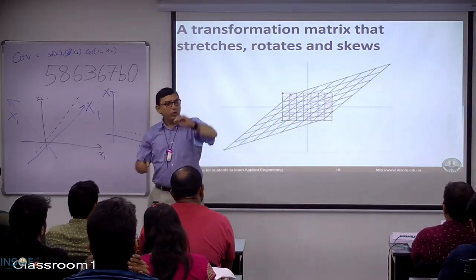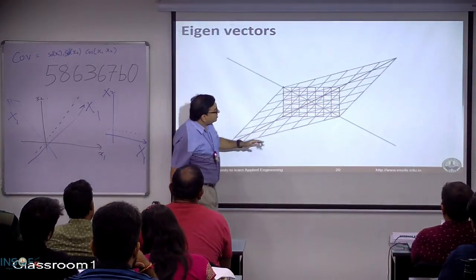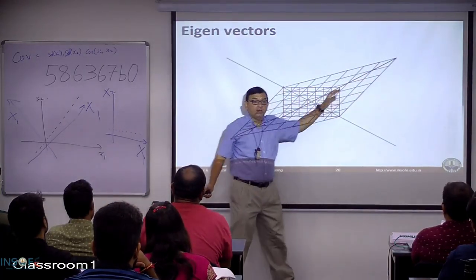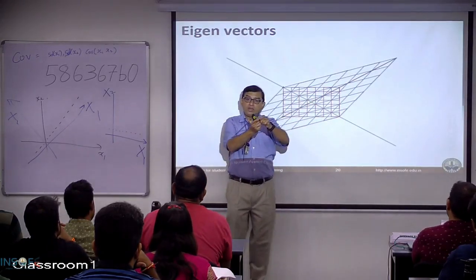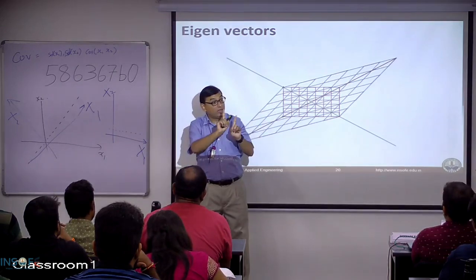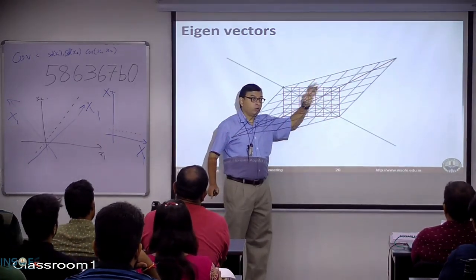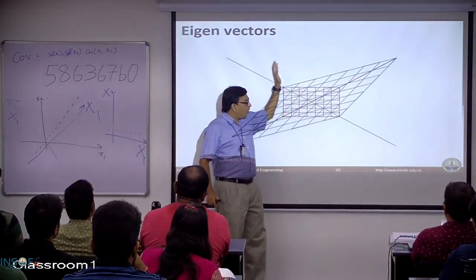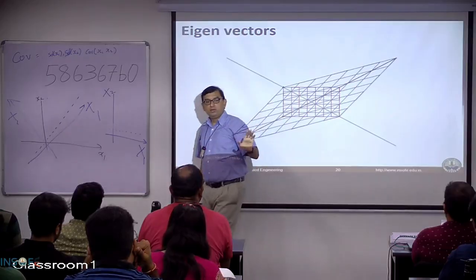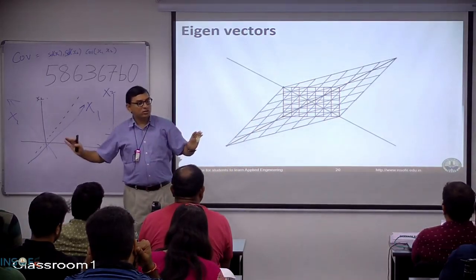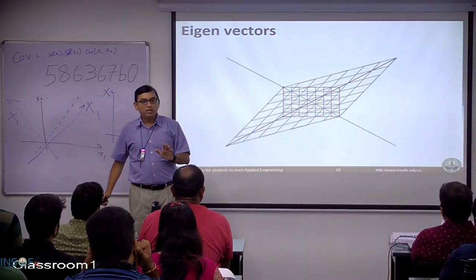Each point moves to a different location. However, there are some special directions. Points which lay on those special directions might have gotten stretched or compressed but did not get rotated. All other points would have gotten rotated and stretched, but along these two directions, points do not get rotated, only stretched, and those two directions are what we call eigendirections.